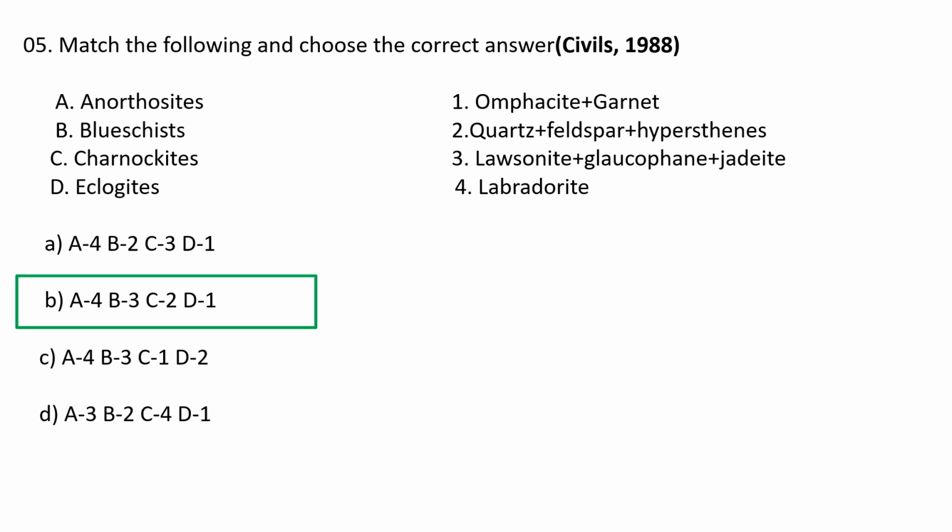Anorthosites purely consist of plagioclase feldspar. A corresponds to 4. Blue schist contains lawsonite, glaucophane and jadeite. Charnockites are represented by quartz, feldspars and hypersthene, and eclogites correspond to omphacite and garnet. So B is the correct option.